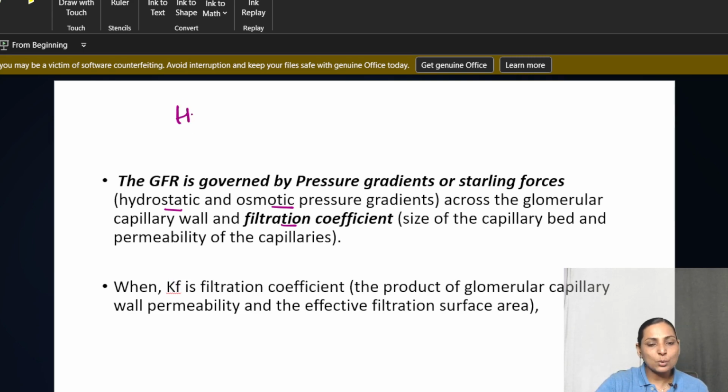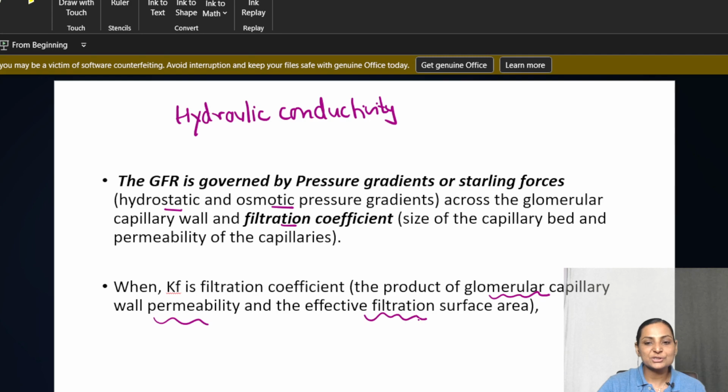This Kf is also called your hydraulic conductivity. Hydraulic conductivity means it is totally dependent upon the product of the glomerular capillary permeability and the effective filtration surface area. So it depends upon the permeability of the capillaries and the effective surface area.